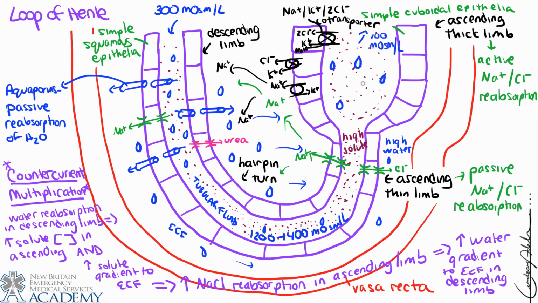The last thing I want to mention before we move on is to discuss the vasa recta briefly. We didn't talk too much about it, but one thing that's important is that, unlike some of the other vasculature, the vasa recta mirrors the osmolarity of the ECF. This is a critical point because we want to ensure that the ECF stays very, very concentrated in the base of the medulla, towards the bottom of those renal pyramids, just before the urine leaves and enters the renal pelvis. We want to make sure that it stays concentrated in order to maintain countercurrent multiplication.